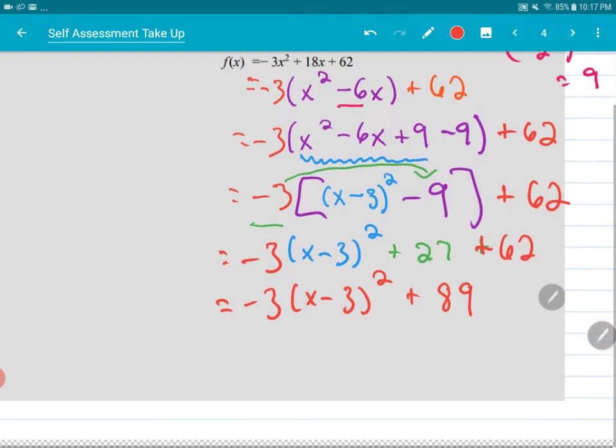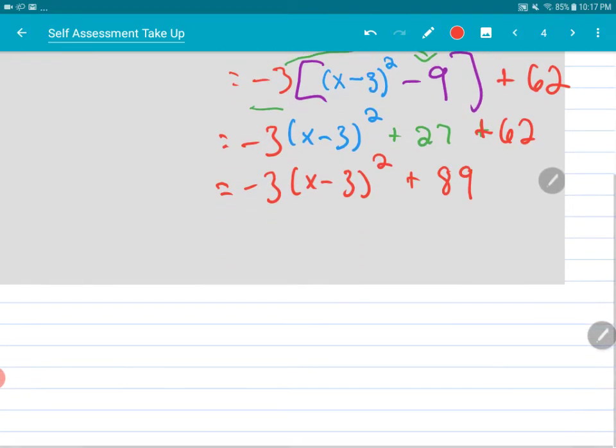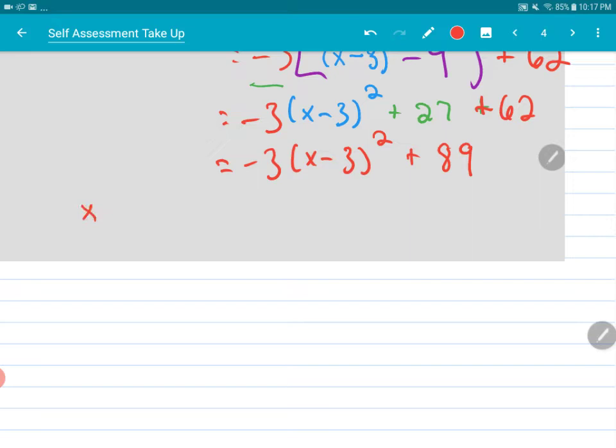So now we have it in the form where we can actually undo it and use our function machine. So if we're going to follow the path of our x, we would say, okay, well first x is over here and we have to subtract 3. After we subtract 3, then our whole new number gets squared. After that, it gets multiplied by negative 3.